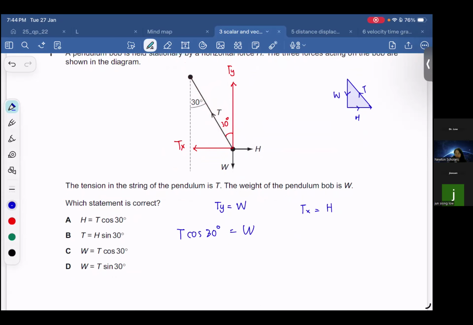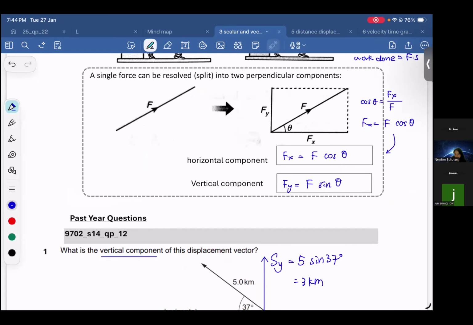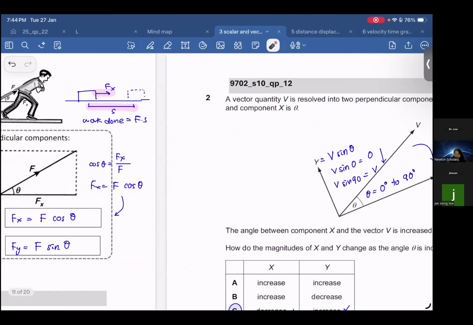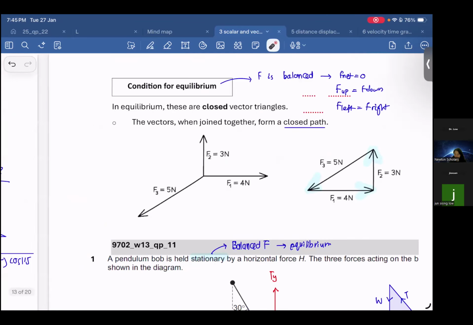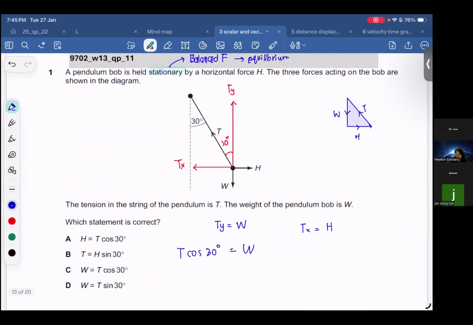If you refer back to the video, without the angle here, this should be F sine theta. So this should be T sine 30 degrees equals H. So here your answer, let me have a look. Junxiong, did you get the answer? No, dear. The answer should be C.